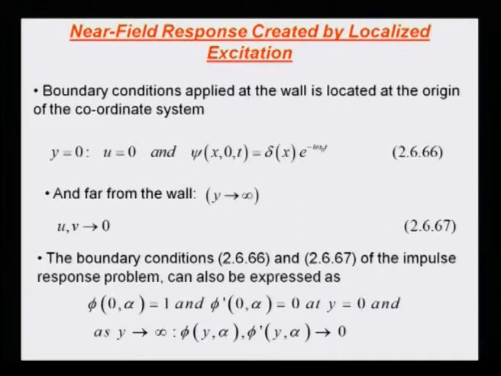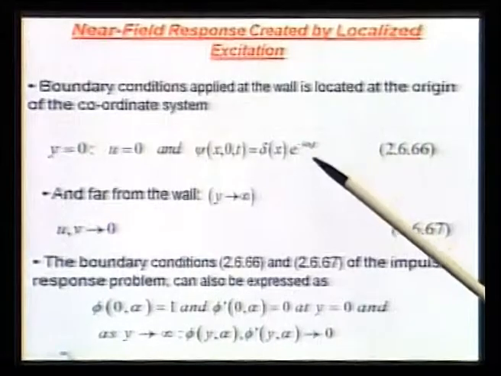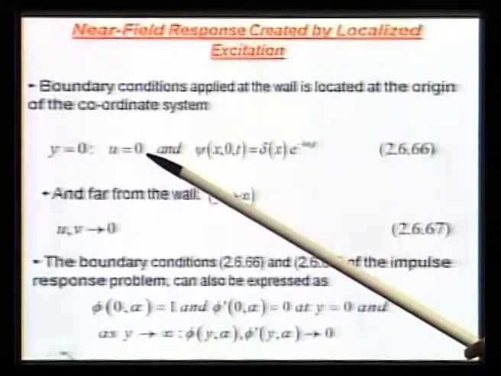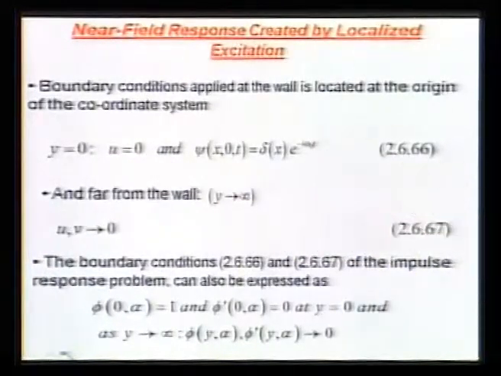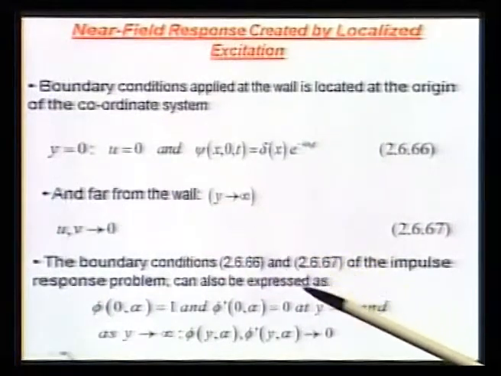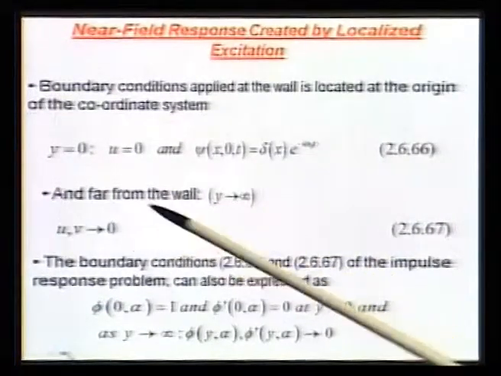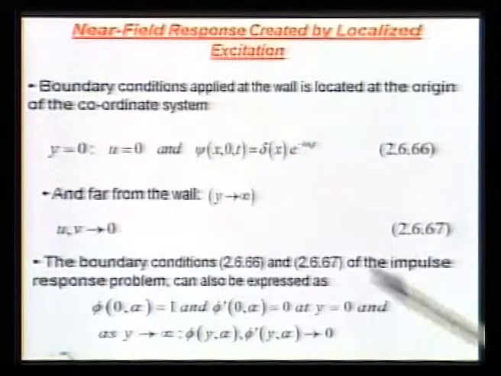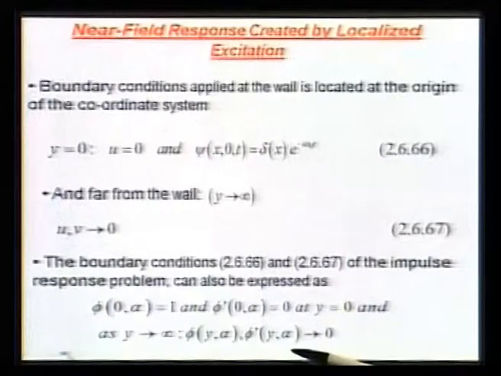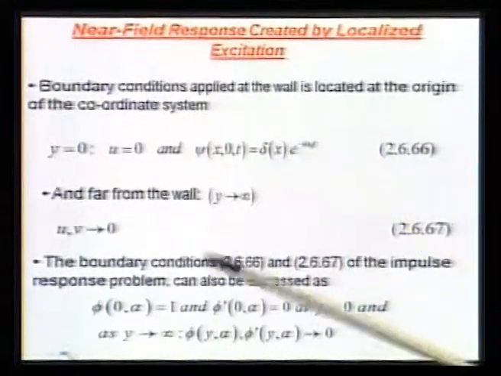Our original problem remains as it is. At the wall we have u equal to 0 and psi equal to this, and of course, far from the wall, outside the shear layer, u and v go to 0. These are the physical plane description. The corresponding spectral plane description is this. We have seen that this comes out like this.